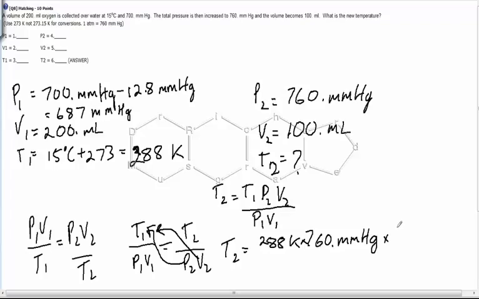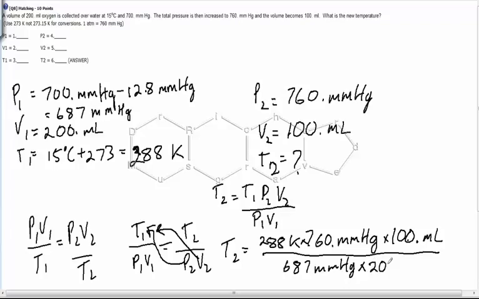We've got V2, which is 100 milliliters, and we need P1, which is 687 millimeters of mercury, and V1, which is 200 milliliters. And when all is said and done, we're going to get an answer of 159 K, which is going to have 3 significant figures, because everything here has 3 significant figures as well. Alright.